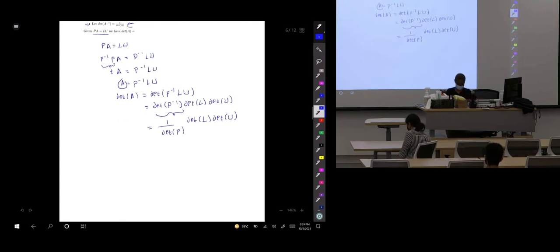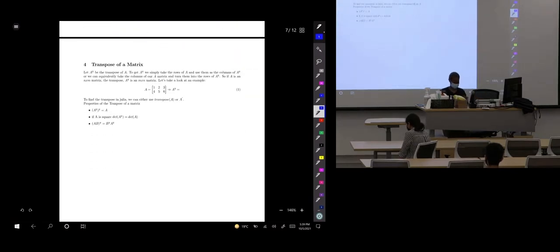Cool. All right. Moving on to the transpose of a matrix. Essentially, you take the columns of your matrix and swap them so they become the rows of your transpose matrix, and vice versa.